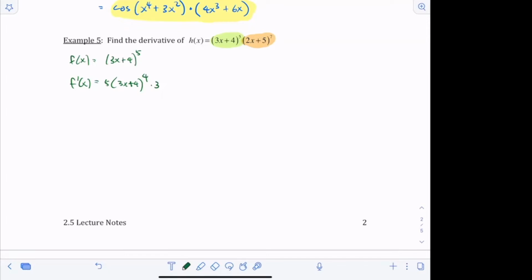No questions, I hope. So there's going to be two different outside functions. Here's the key idea. This is a product rule, not a chain rule, not a composition.